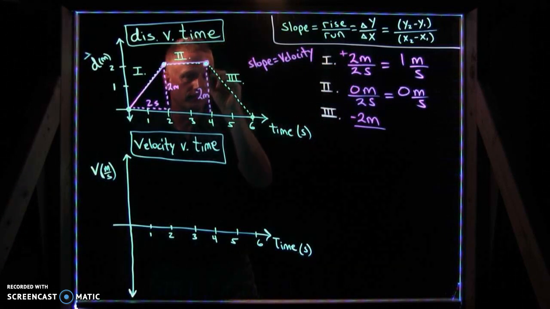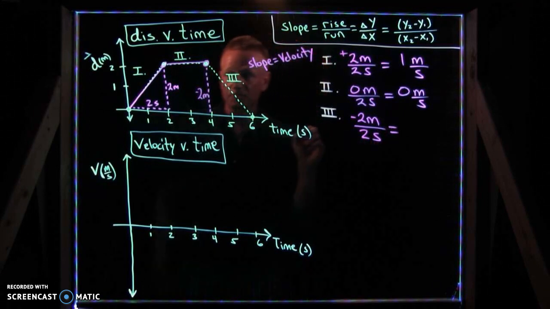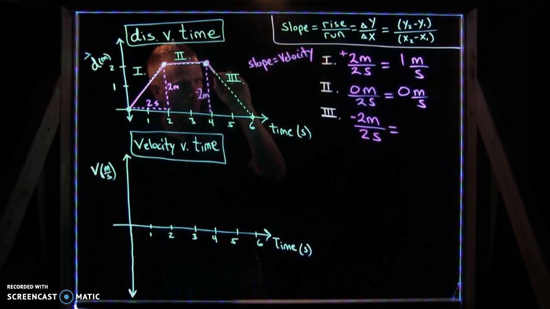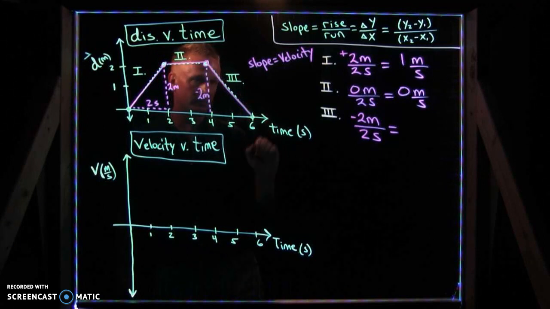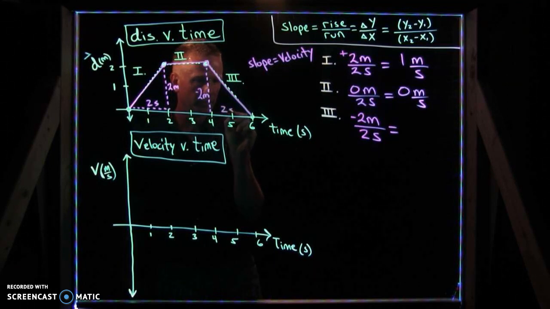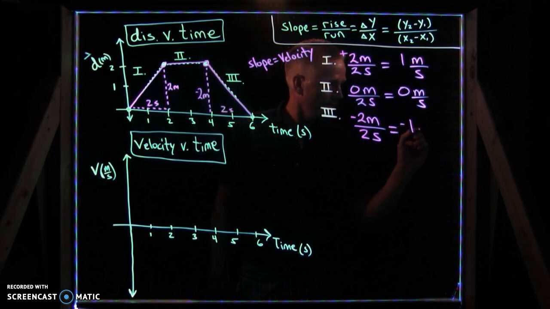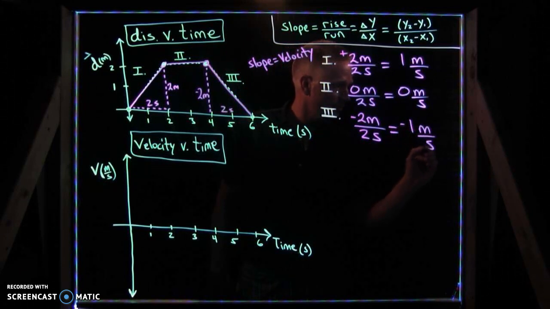You've now fallen 2 meters over 2 seconds. And if you remember in algebra class, anytime the slope of the line points downhill to the right, it's a negative slope. And algebraically, you notice that the rise is negative 2, the run is 2 seconds, negative 2 over 2 seconds is a velocity of negative 1 meter per second.